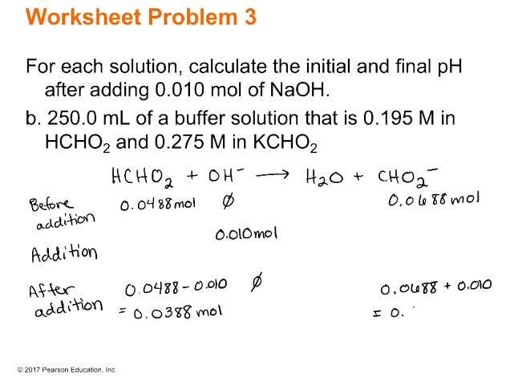So that will give us a total of 0.0788 moles of the conjugate base. So these are our new amounts of the weak acid and the conjugate base. And now we can calculate their new concentrations and plug them into the Henderson-Hasselbalch equation.